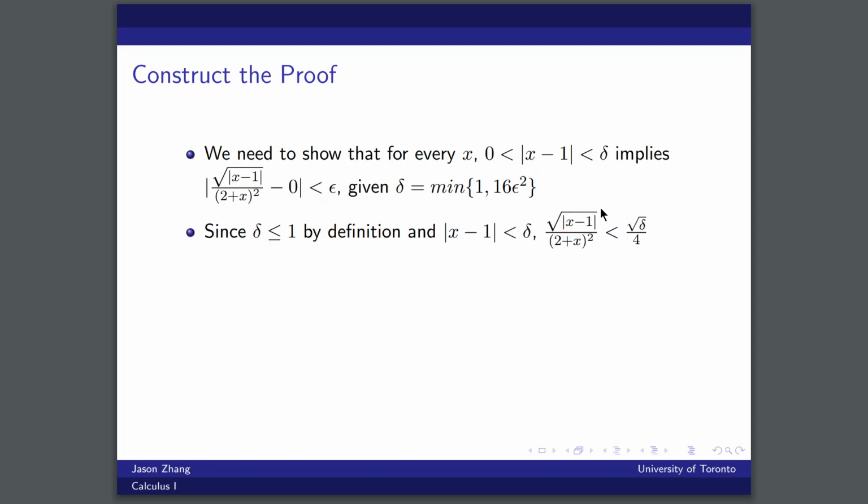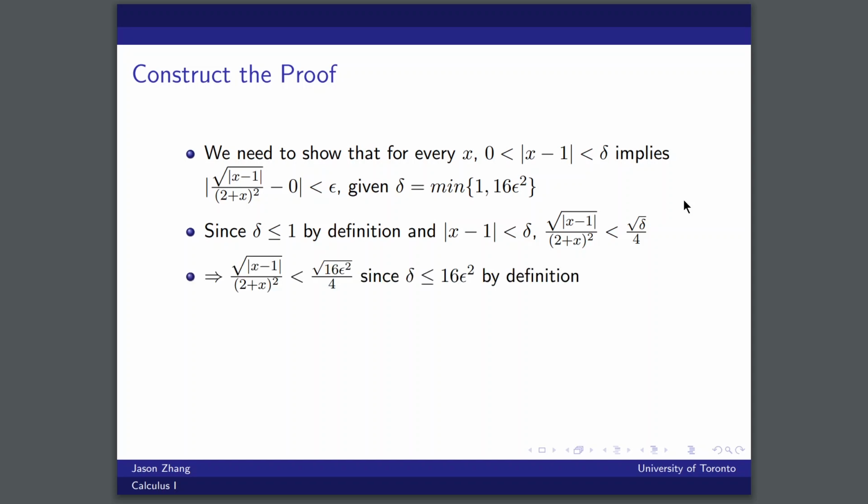Since delta is less than or equal to 1 by definition, since it's the minimum value of these two, and it can never be greater than 1, then we know for a fact that because the absolute value of x minus 1 is less than delta, we know that our function is less than square root delta over 4.